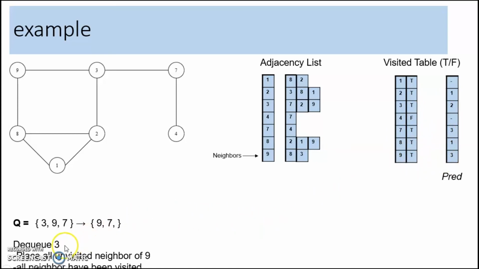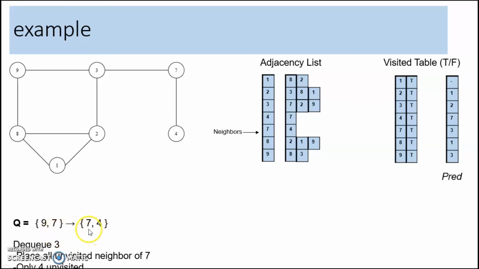After that we dequeue 3 and then we check the neighbors. For 9, all neighbors have been visited, and then we dequeue 9.